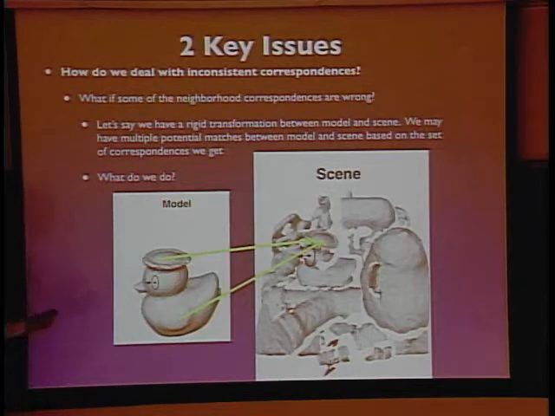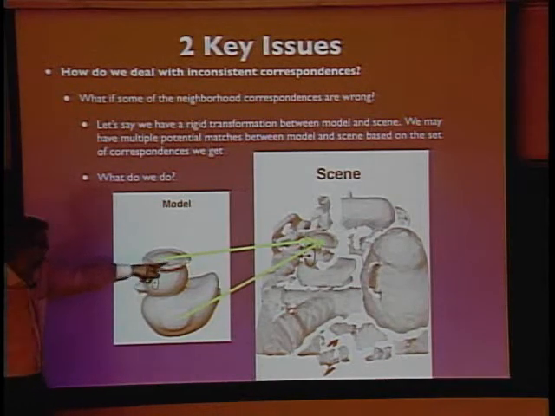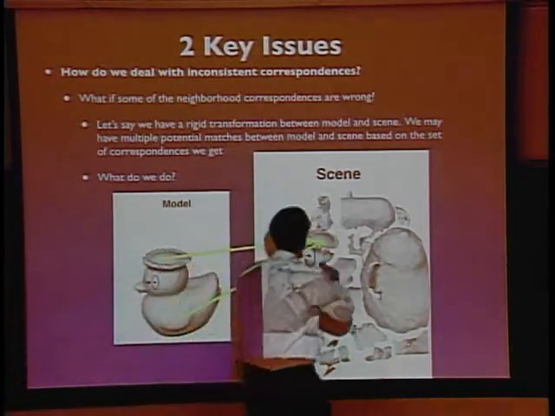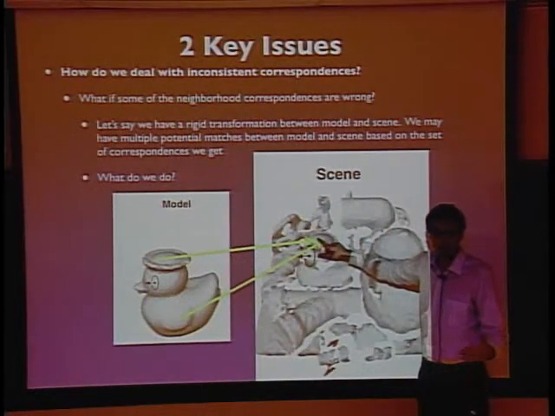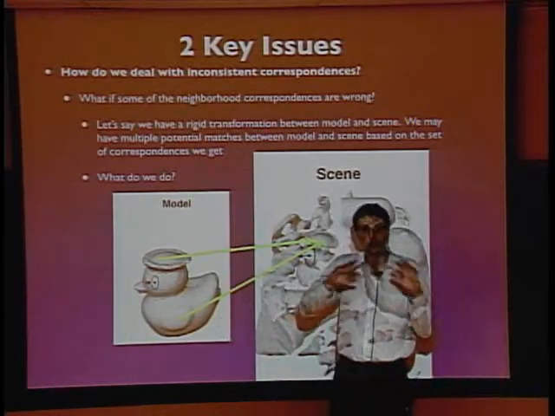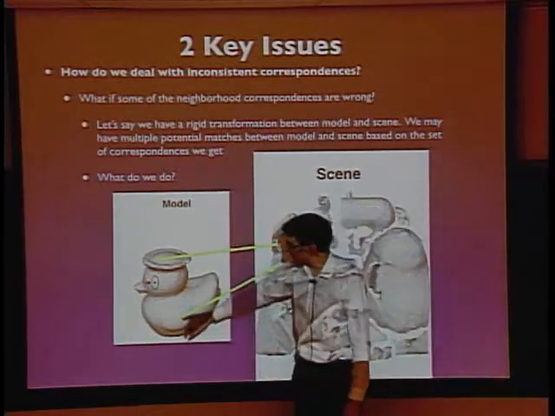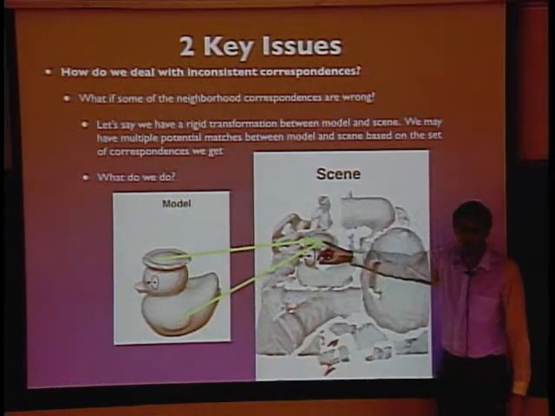So, for example, I am going to test whether this location on the rubber ducky should correspond to this location in the scene. And then later on, as I keep moving forward, I'm going to, independently of the result of that, test whether this location on the ducky corresponds to this location on the scene.